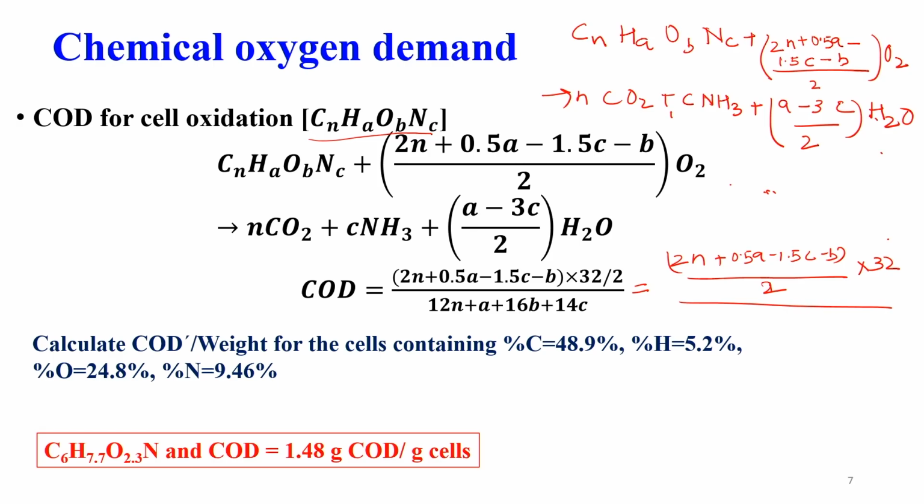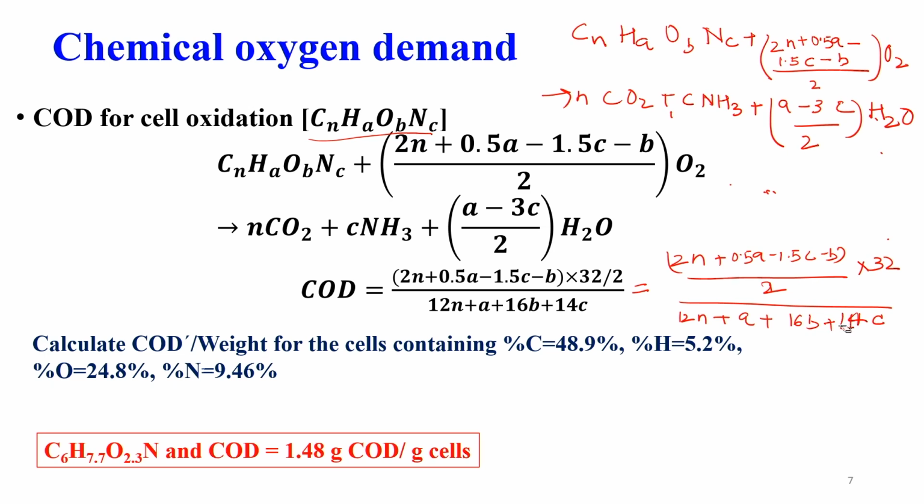And the amount of substrate being oxidized is CnHaObNc, whose mass will be 12n plus 1a plus 16b plus 14c.